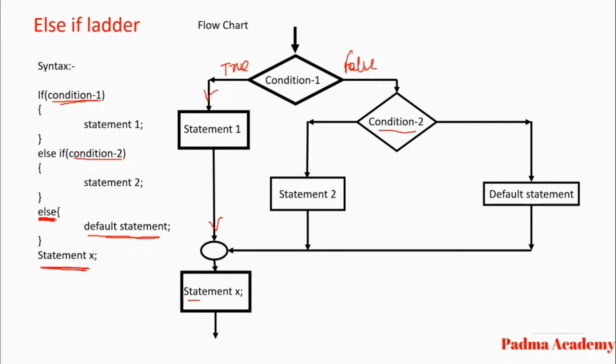Then if it is true, statement 2 will be executed, or else the default statement will be executed. Then after the execution of the default statement, statement X will be executed. So this is the else if ladder.